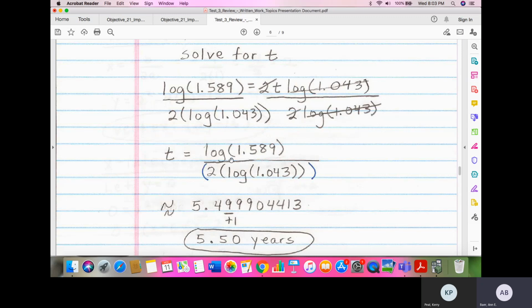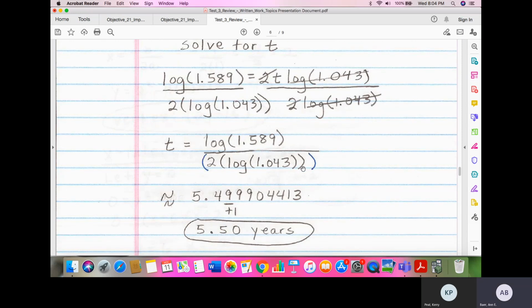This log, understood base 10 of this number, is a single number, so we don't need to do that. However, down here, this is 2 times this log. We've got 2 numbers represented, the number 2 and whatever this logarithm is equal to.